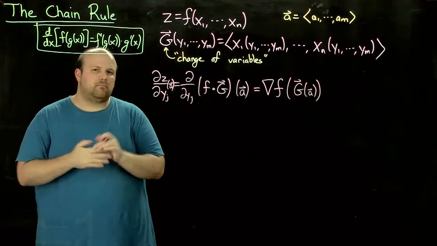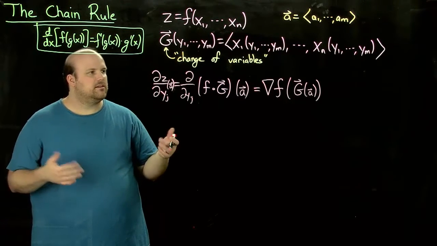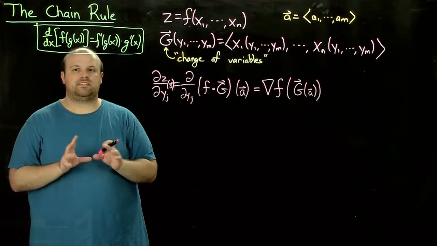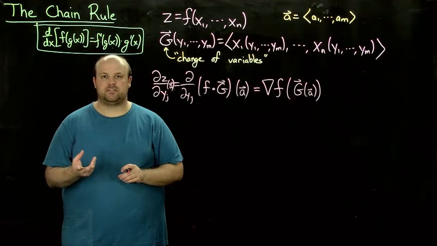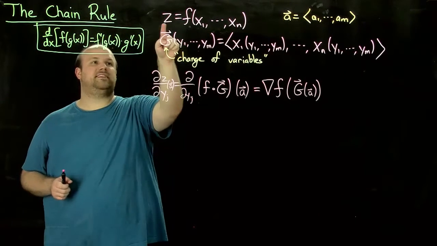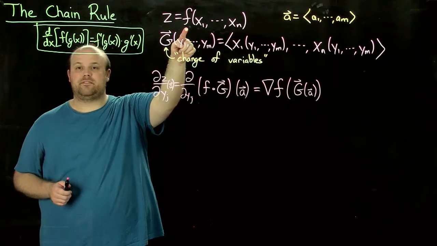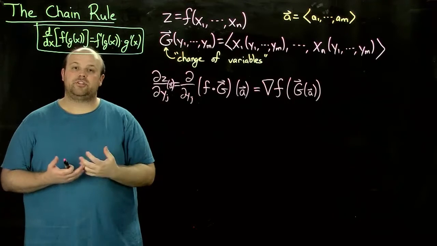Well, you can't really multiply two vectors in some simple way. You have two choices. You have a dot product or you have a cross product. Well, since z is just a real valued function, or a scalar valued function, or f is, we should get a number back.